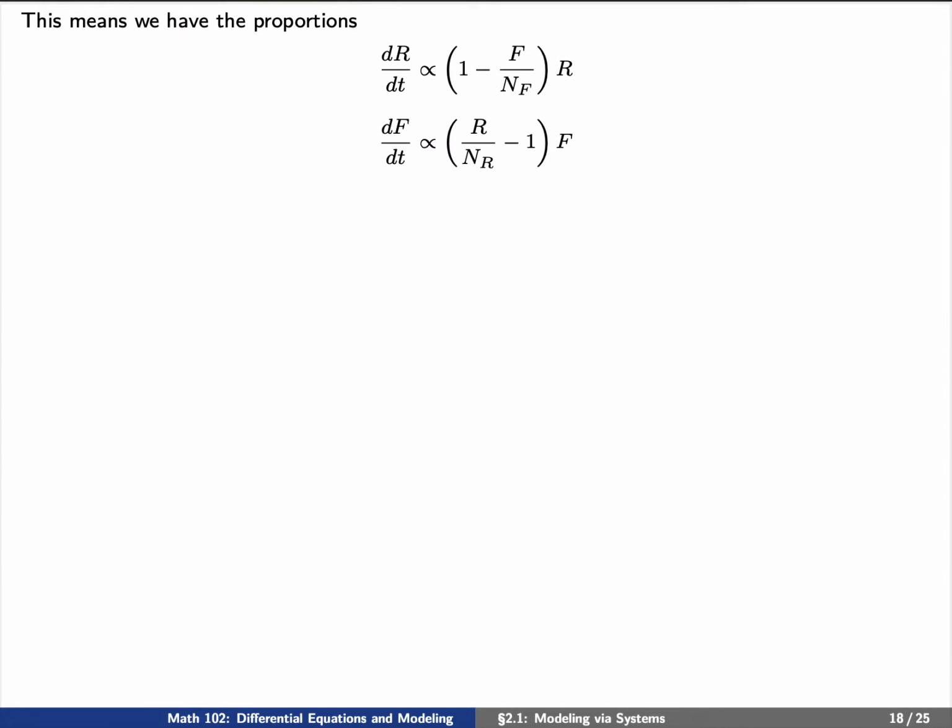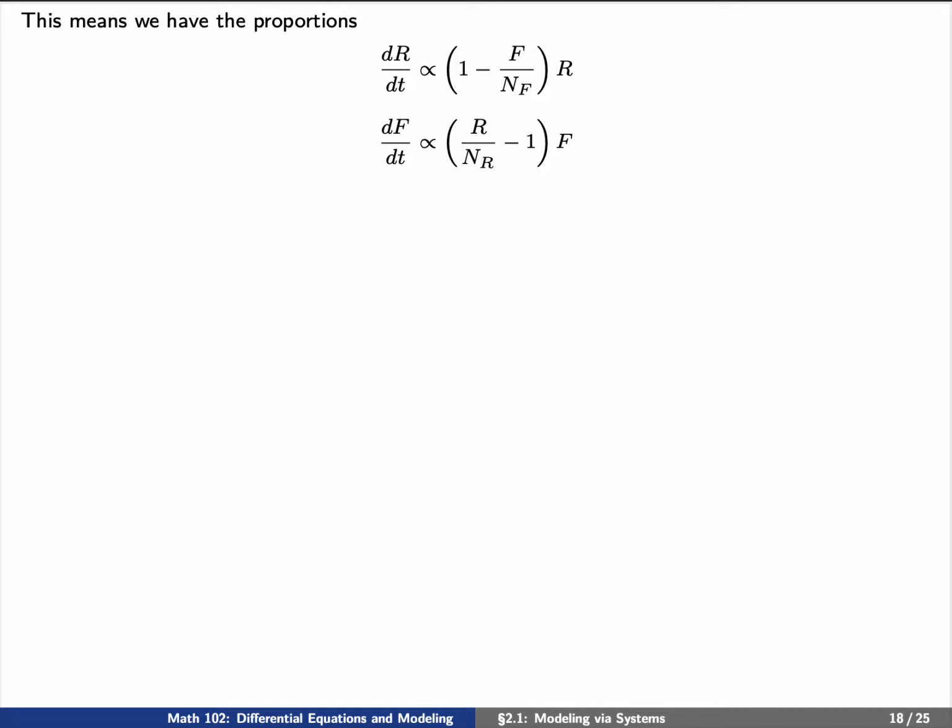Let's put this together by using proportionality. You can see here that now we're saying that the rate of change for the rabbits, that is for the prey, should be proportional to 1 minus f over n_f, times r. Remember the f here tells us the number of predators, that is the foxes, and r is the number of rabbits.